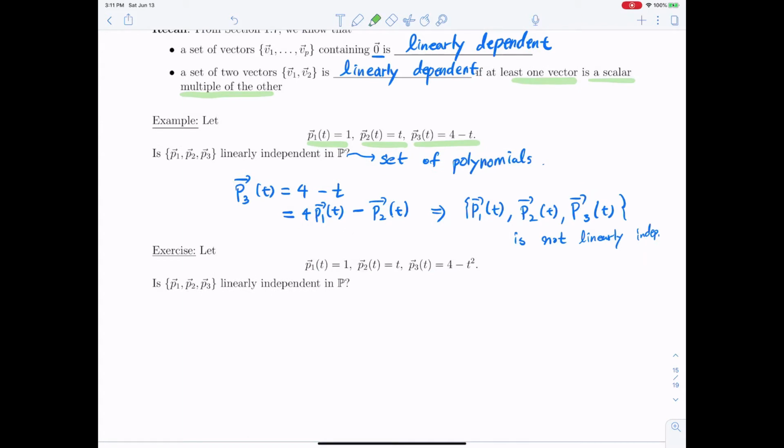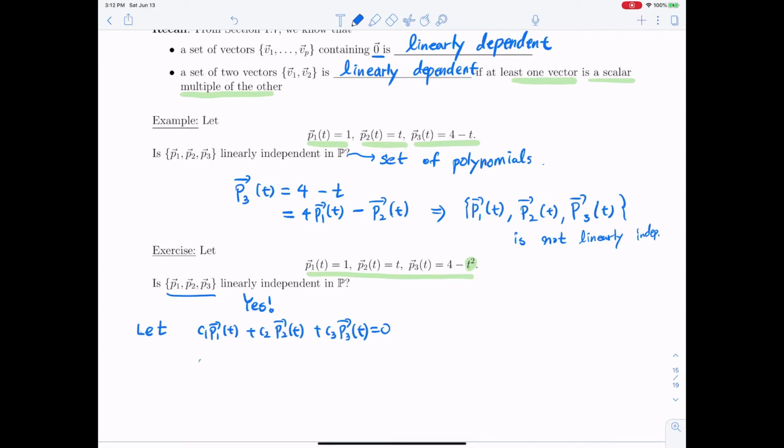However, if the set is given by these polynomials, where the difference is that we have a square term in P3, then the set P1, P2, P3 is linearly independent. This is because, let's say you have a vector equation given by C1 P1(t) plus C2 P2(t) plus C3 P3(t) equals 0.